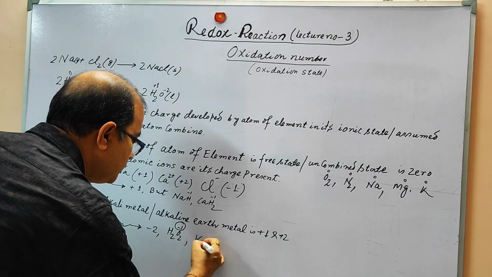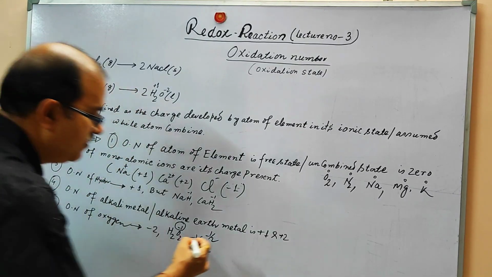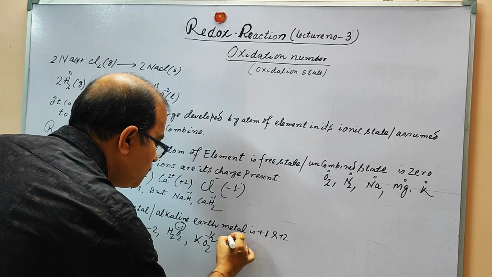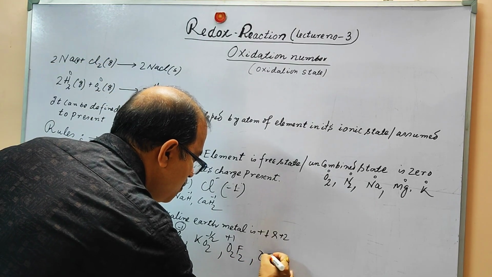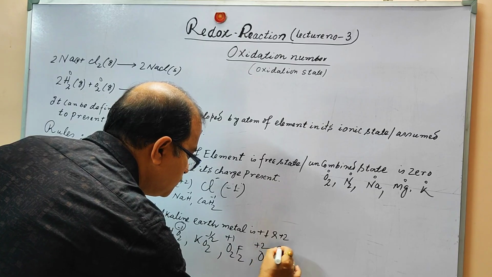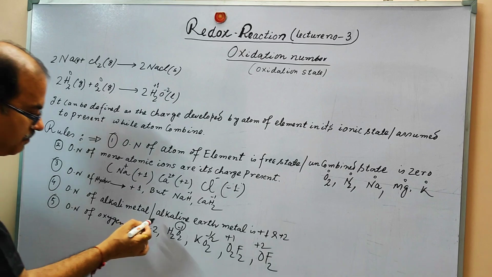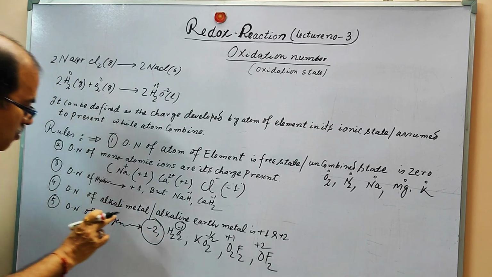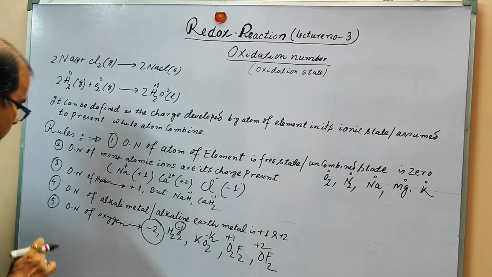For superoxide, suppose KO2, it will have -1/2. For O2F2, it will have +1. For OF2, it will have +2. So oxygen has a lot of exceptions, but on average the overall oxidation number of oxygen is -2, and in these cases it will be different.